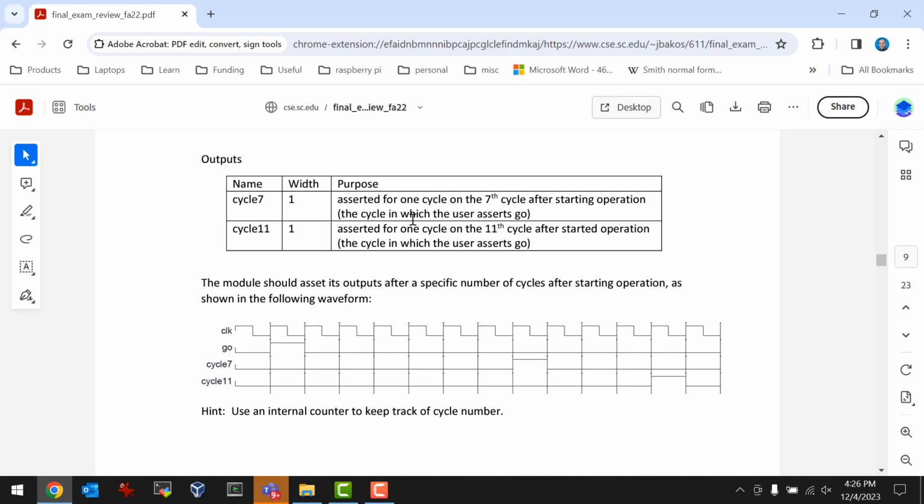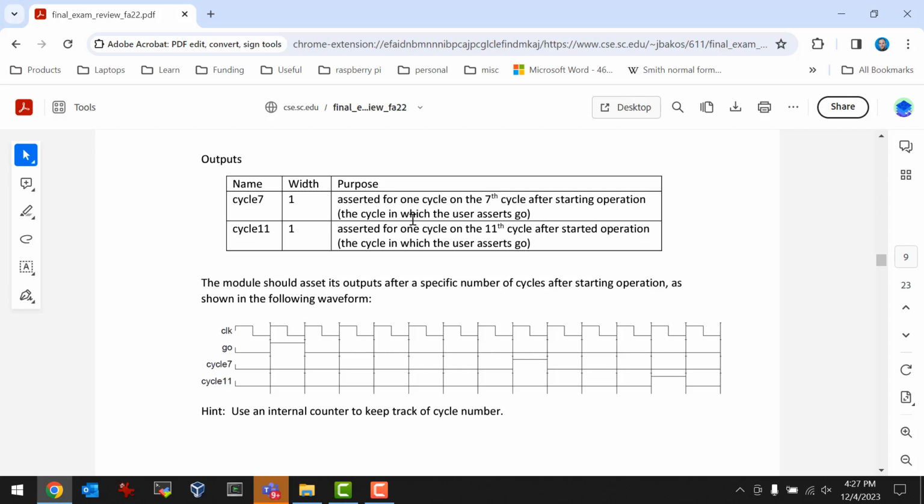If count equals 4'd11, then cycle 11 is going to get 1'b1. And also if it's 11, I want to reset the counter to 0.